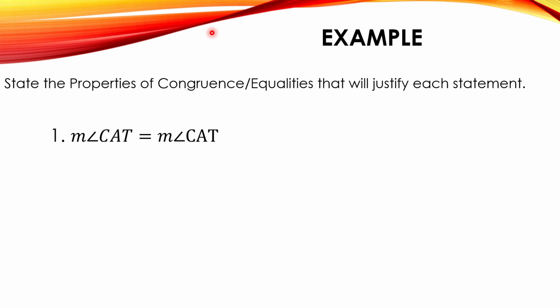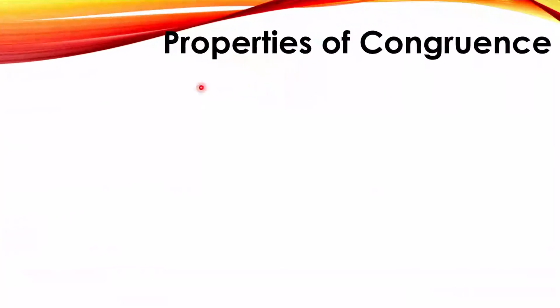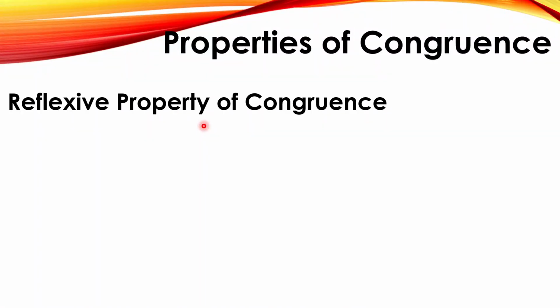So we have number 1, the measurement of angle CAB. This symbol is for equality. Is equal to the measurement of angle CAB. Okay, so very good. That is for the reflexive property.